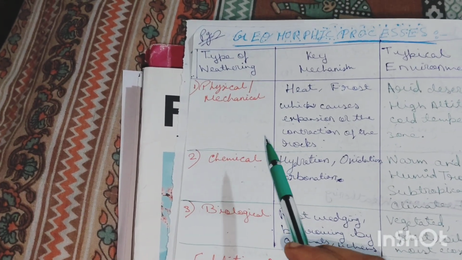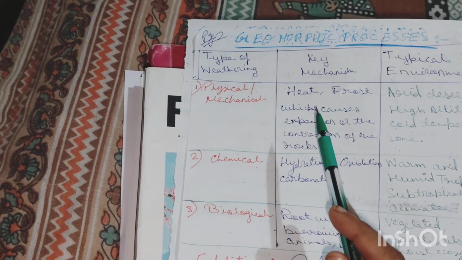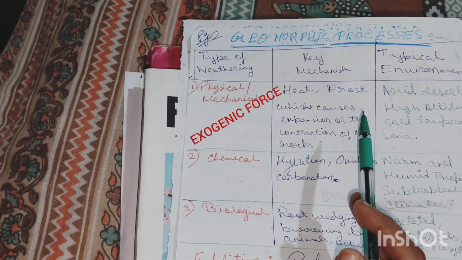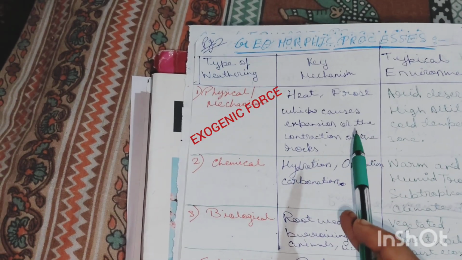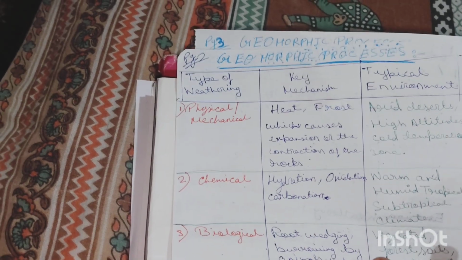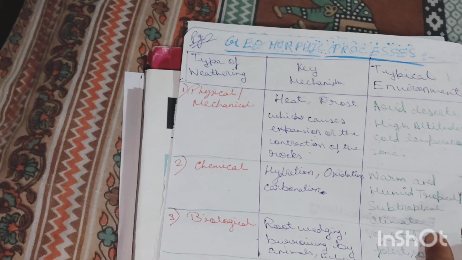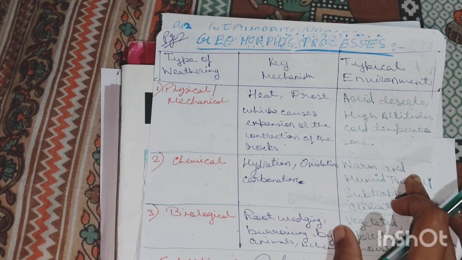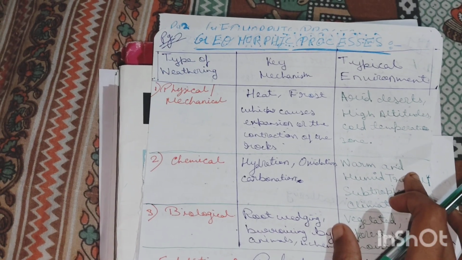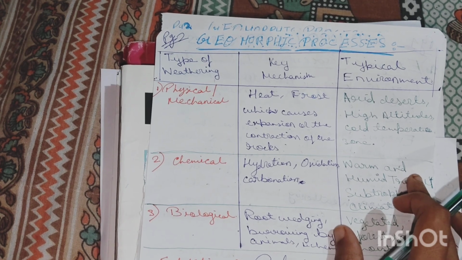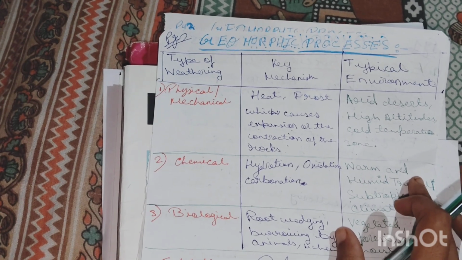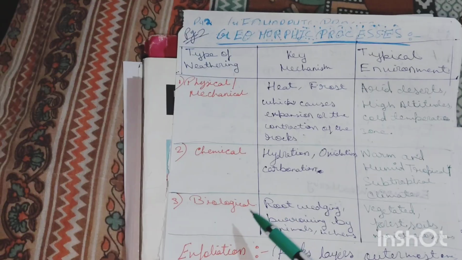For physical, mechanical, the factors are heat and frost. With heat the rocks get expanded, and with frost the rocks get contracted. It mostly occurs in the dry areas and in the higher altitude areas, in dry areas where heat is very high, and in higher altitude where frost occurs.